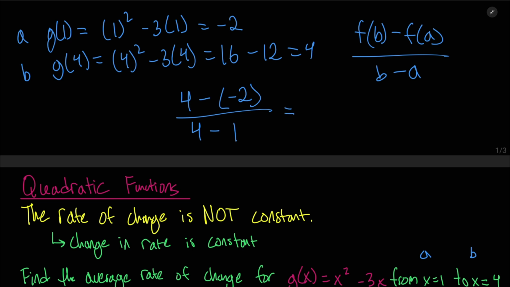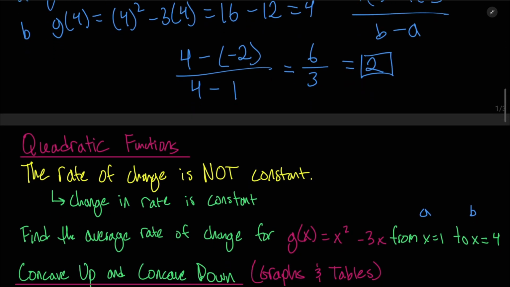Okay, cool. What's 4 minus -2? That's 6 divided by 4 minus 1. That's 3, 2. So we got the same. This problem actually ended up being the same average rate of change as the linear one from earlier. But if you picked another set of points, you'd get a different answer.